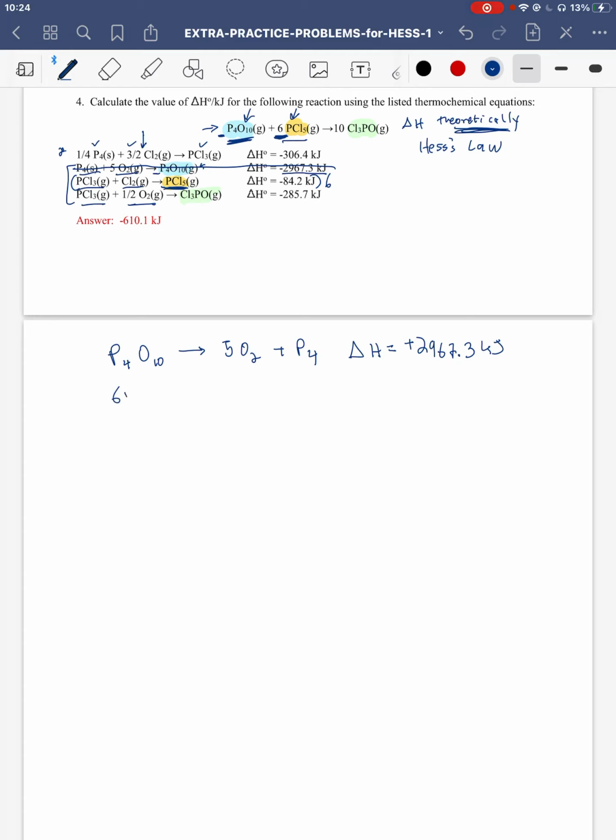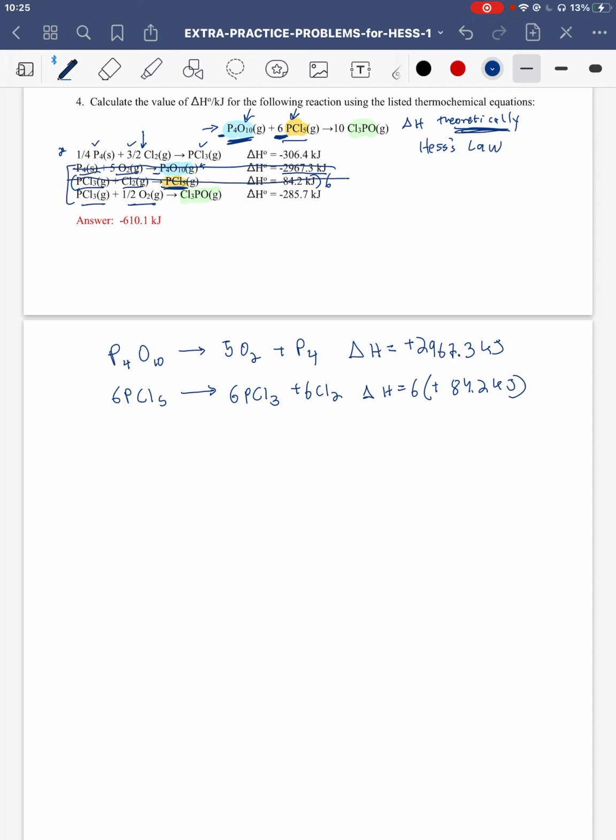So I'm going to end up with 6 PCl5. Perfect. Yields 6 PCl3 plus 6 Cl2, and then delta H is equal to 6, I need to flip the sign, 84.2 kilojoules. All right, cross this out because I've already used it.